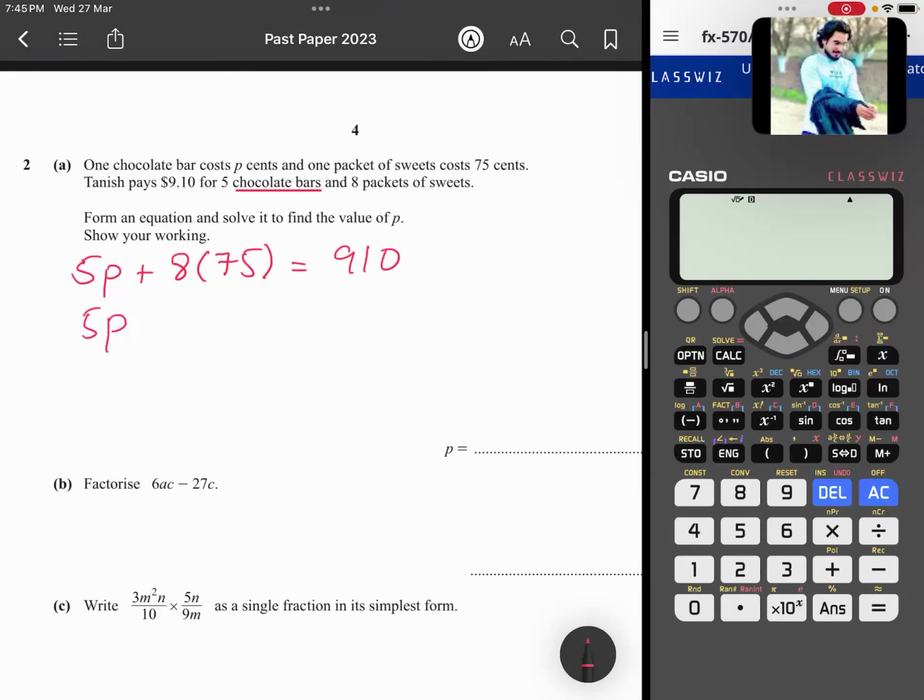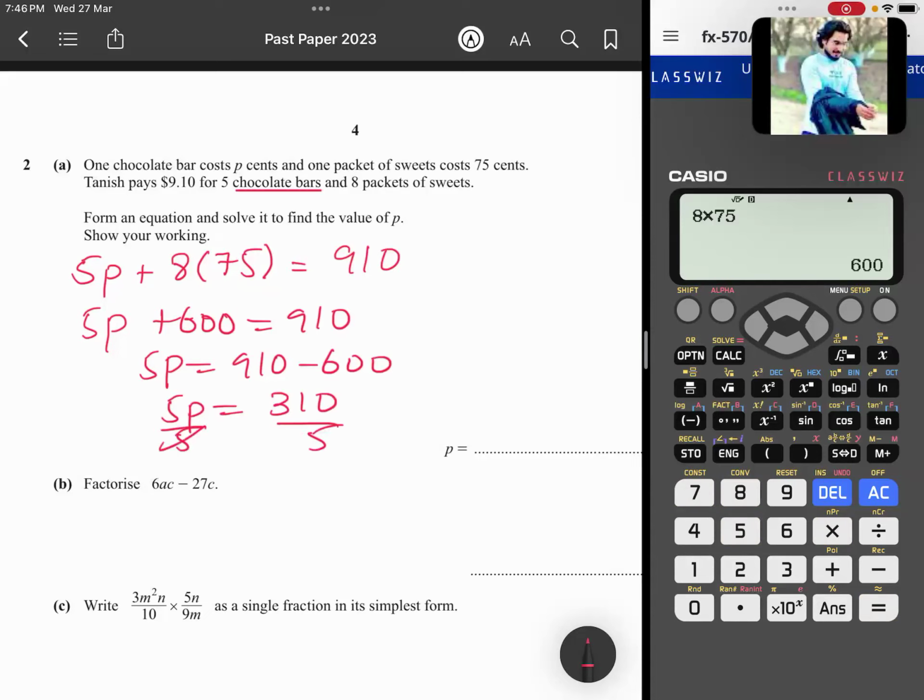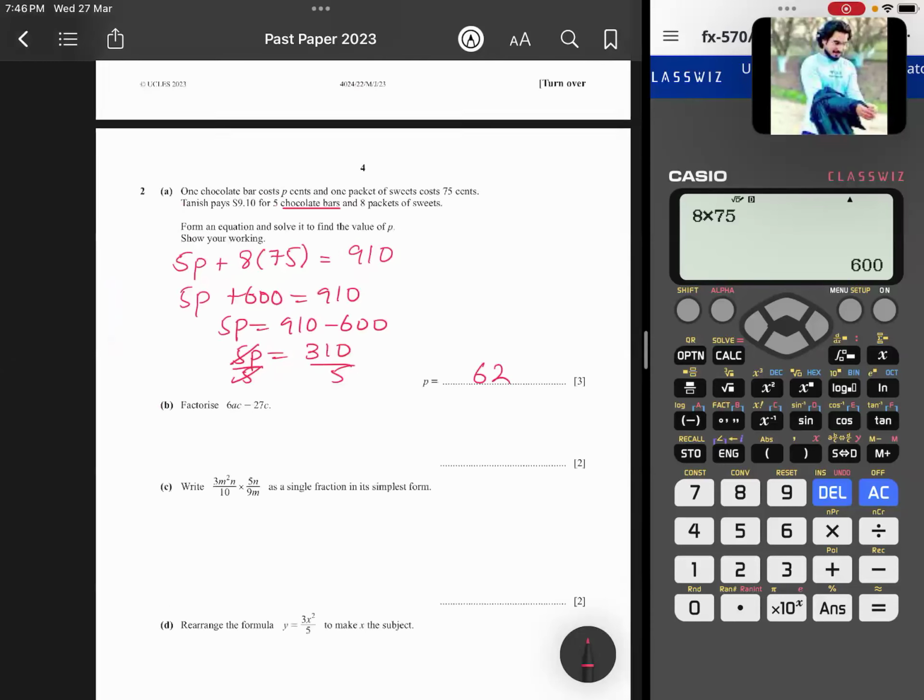So 5p plus 8 into 75, which is 600, is equal to 910. 5p is equal to 910 minus 600. 5p is equal to 310, divided by 5 on both sides. So 62. 5 sixes are 30. 62 is the answer.